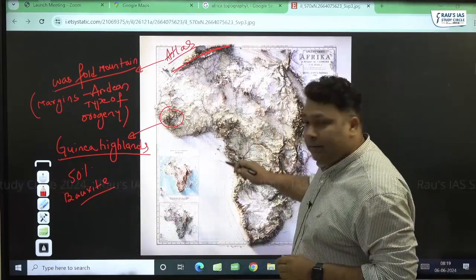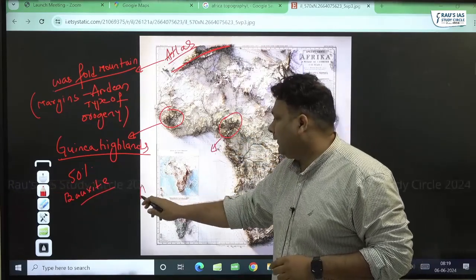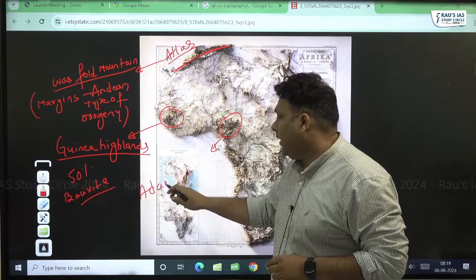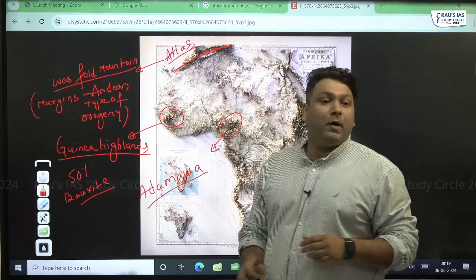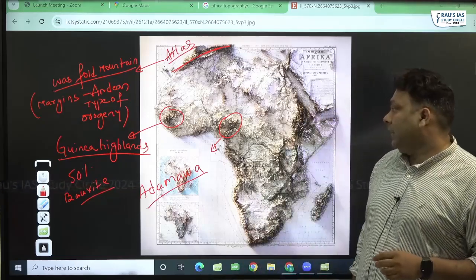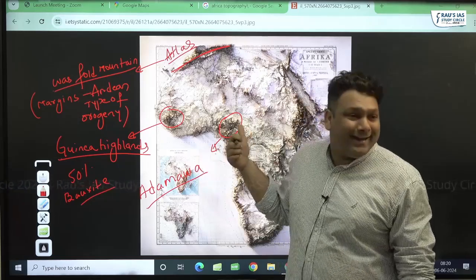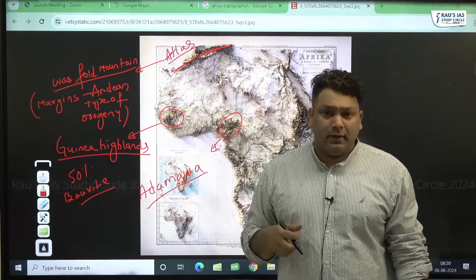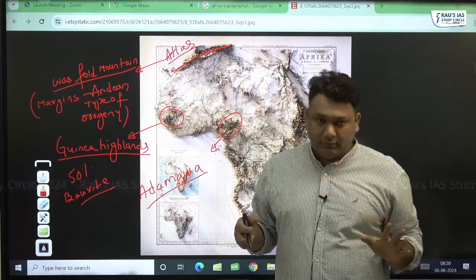Next, these highlands which you see here are called the Adamawa Highlands. These are located in Cameroon, and are part of Nigeria also. And we have conflicts in Nigeria as well as in Cameroon.